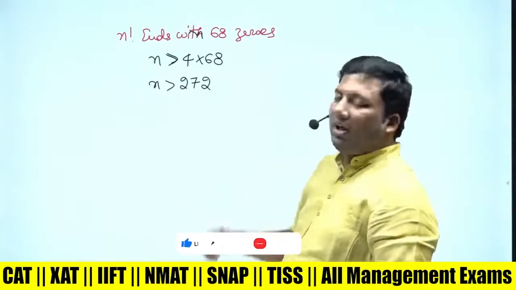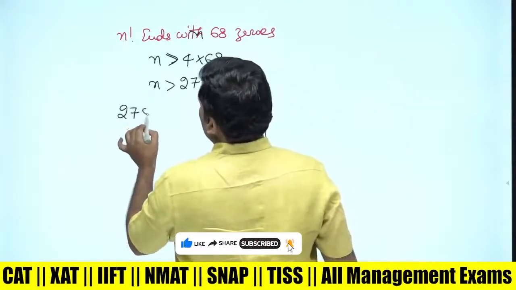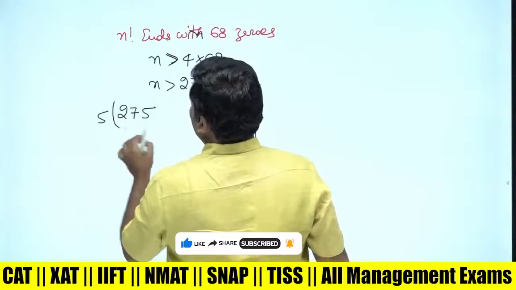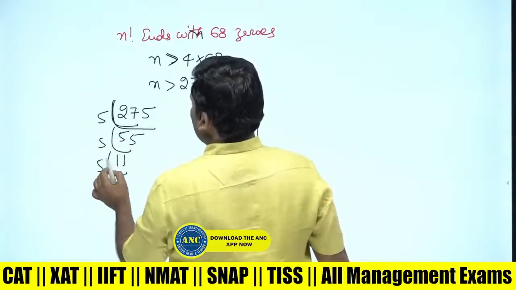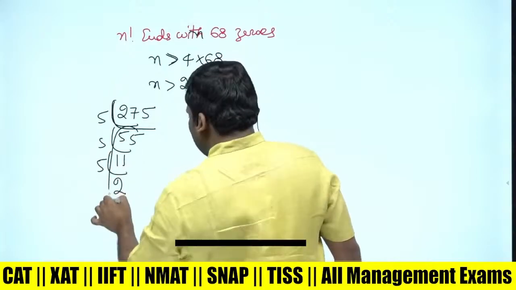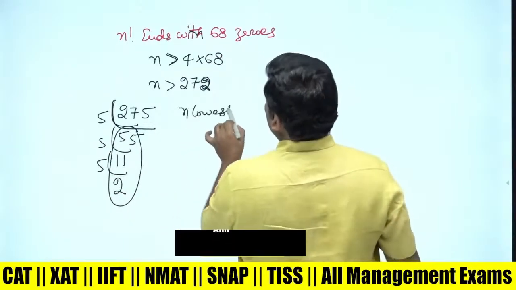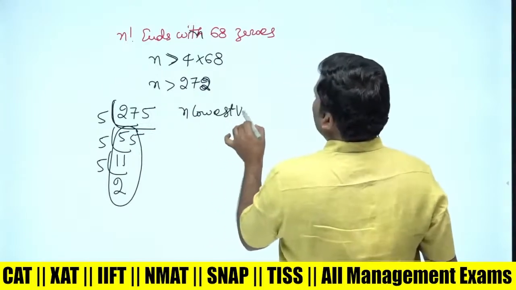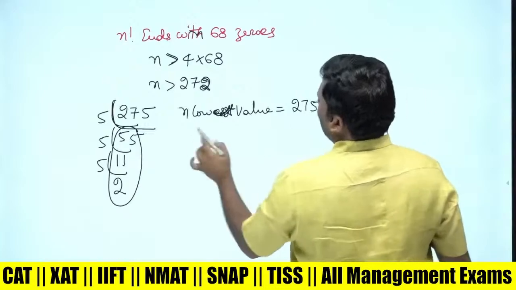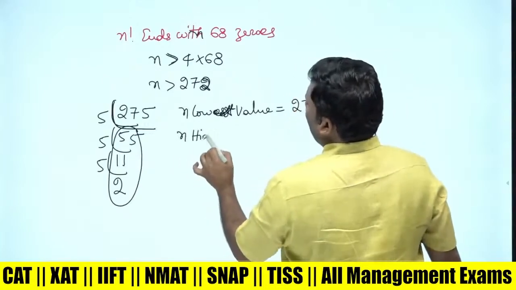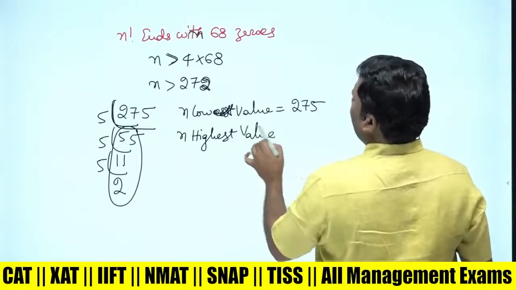What is the multiple of 5 just greater than 272? 275. So this will be 5 55s are, 5 11s are, 5 2s are. That means 55 plus 11 plus 2 gives 68. N lowest value which will satisfy this condition will be 275, and n highest value will be 279, going through 275, 276, 277, 278, 279.